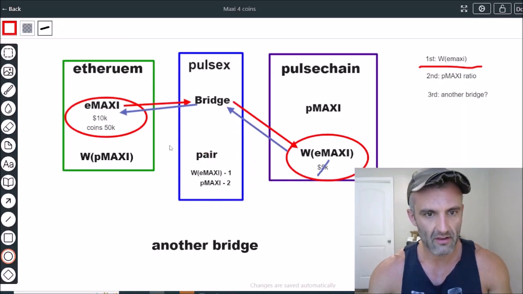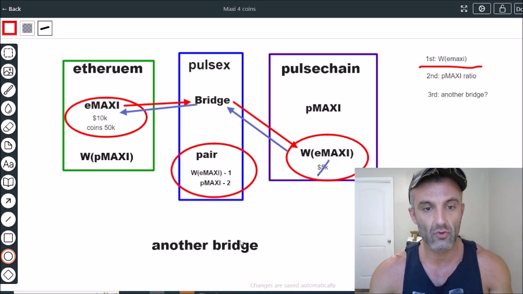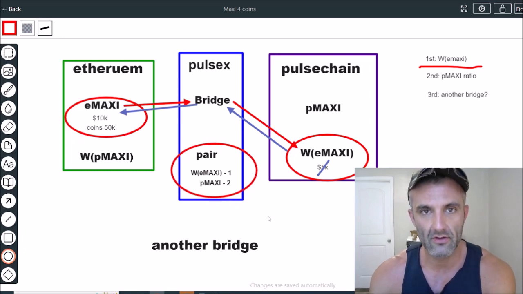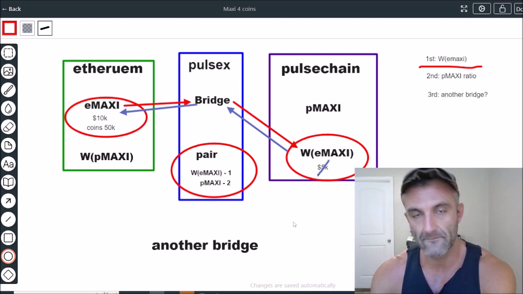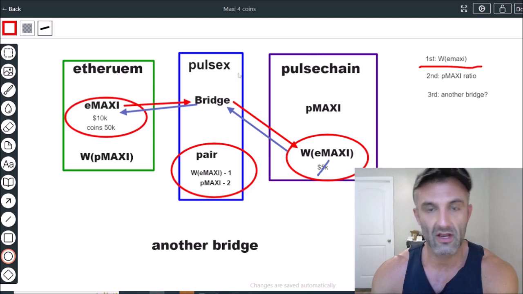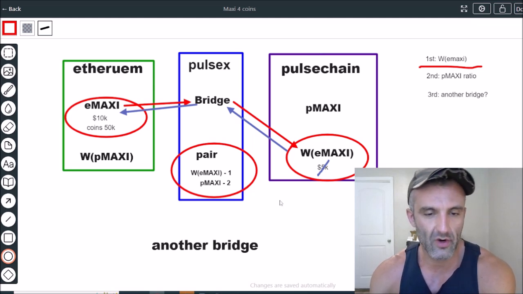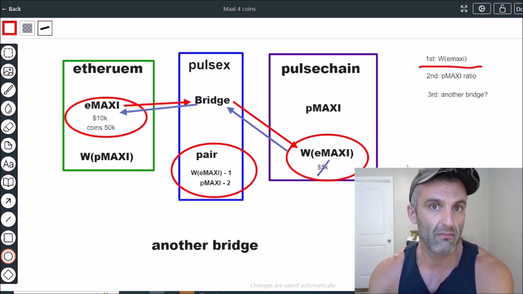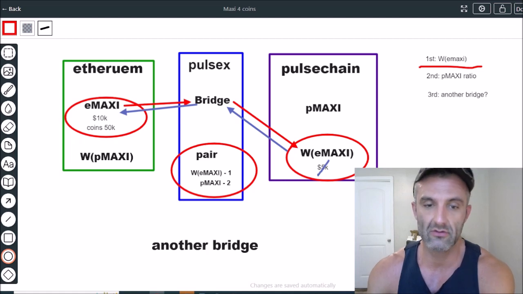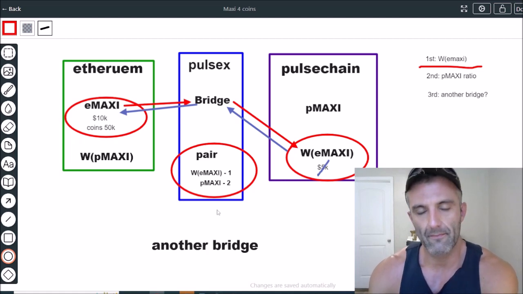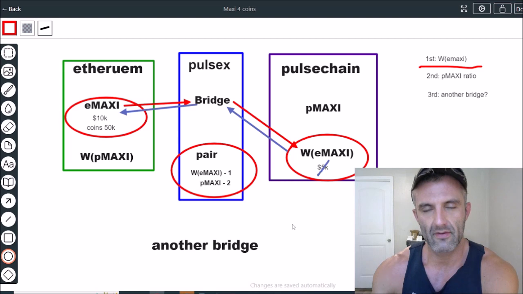We're going to have somebody that goes through and provides liquidity on Pulsex. They're going to provide their wrapped E-Maxi with P-Maxi, presumably, right? Because if somebody's caring about parity, this is one way to do that. Somebody who has a lot more money in the marketplace than I do at this moment, right? So let's think about this for a second.